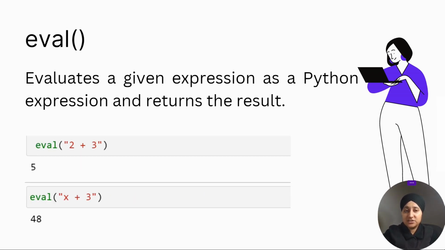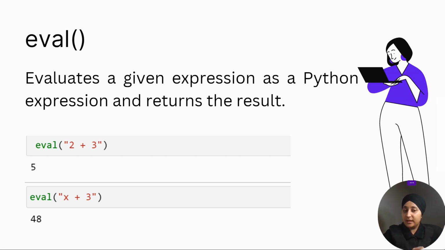The eval function evaluates a given expression as a Python expression and returns the result. In this case, it will evaluate whether the expression is an integer or float or string, whatever it is. In the first case, within the parentheses of eval, I am passing 2 plus 3 as an argument, and it is adding 2 plus 3 and converting it to an integer.